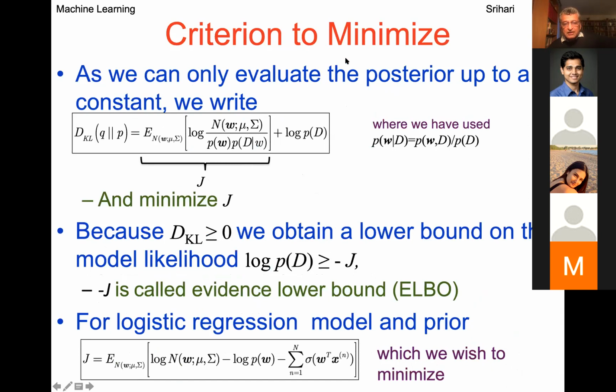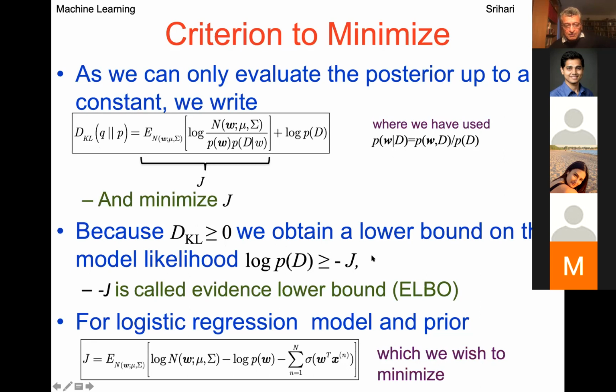As we can only evaluate the posterior up to a constant, we write DKL like this, okay? And we want to minimize this quantity because DKL is always positive. The Kullback-Leibler divergence is always positive. That's something to remember. When you take a measure between two distributions, you're going to get a positive value, not a negative value. DKL is greater than or equal to 0.